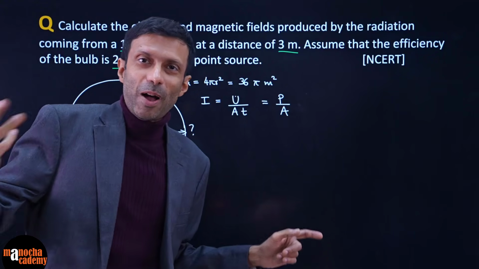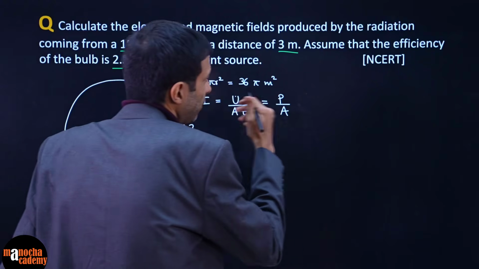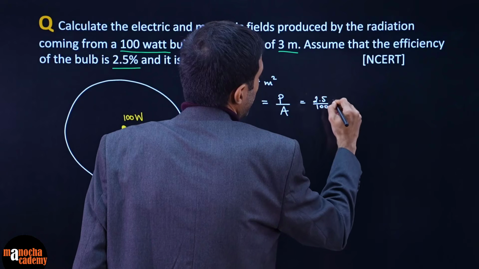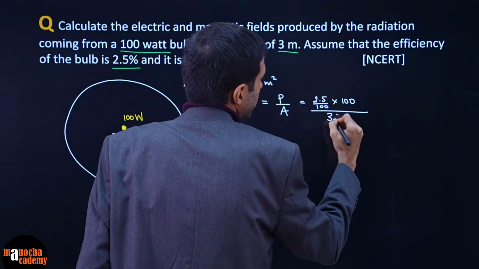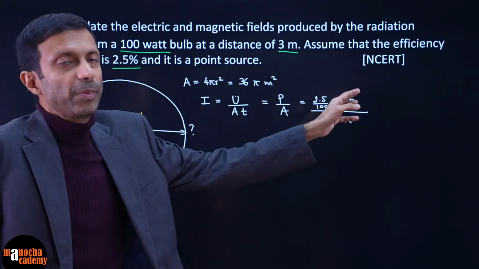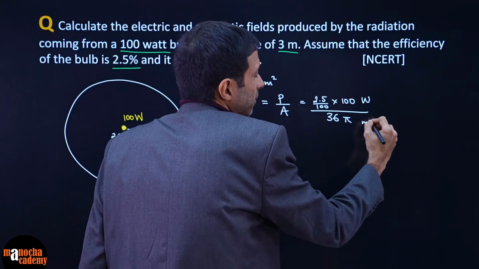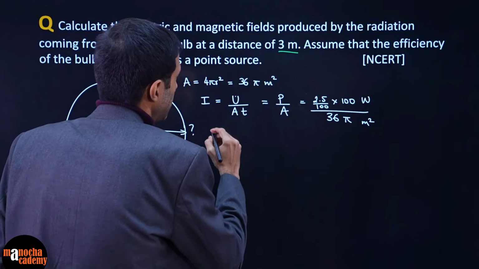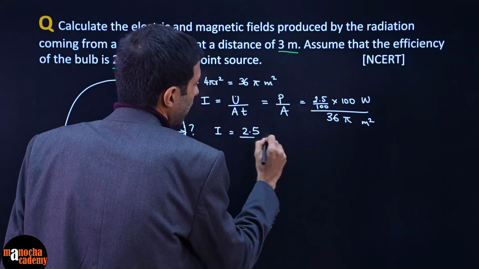Energy per unit time is power. How much intensity are we getting from it? 2.5% of 100 watt divided by this area, 36 pi. Do you guys agree with this logic? 2.5% of the 100 watts, and so many meters square. So I have worked out the intensity. Yes or no? Tell me. So if we simplify, the intensity is 2.5 divided by 36 pi.